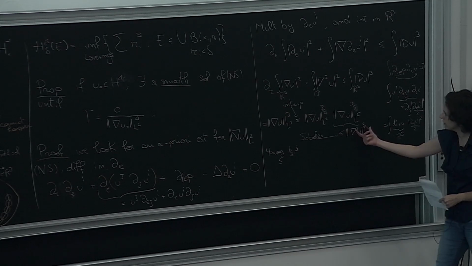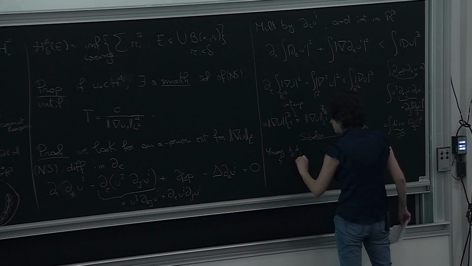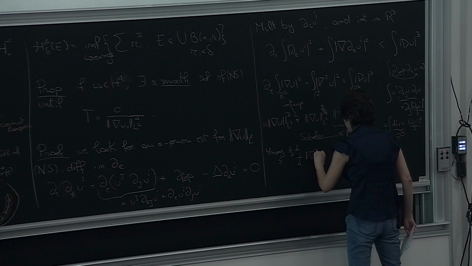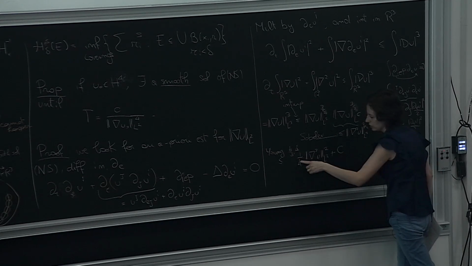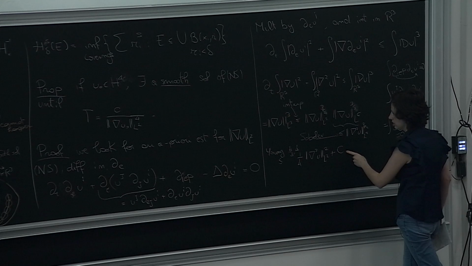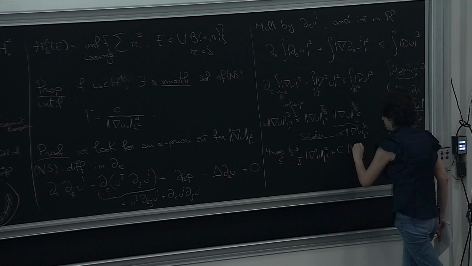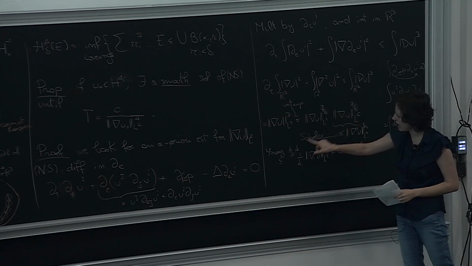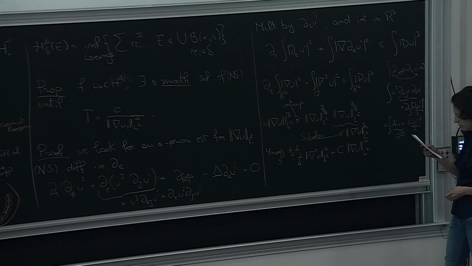Okay? In this way, this term, and Young, I can put an arbitrarily small constant, let's say 1/4, in front of this second derivative, and then I get it square. And then I will have plus a constant, which depends on 1/4. That multiplies the gradient of U in L2. And here there was 3/2, but I need to take a power 4, so 6. Okay?